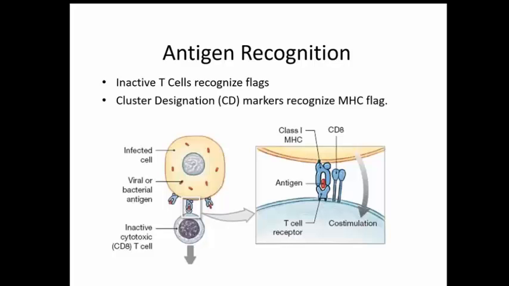Basically, you have to have antigen recognition in order to have a T cell be active. So you start out with an inactive T cell, and this, for example, is an infected cell.